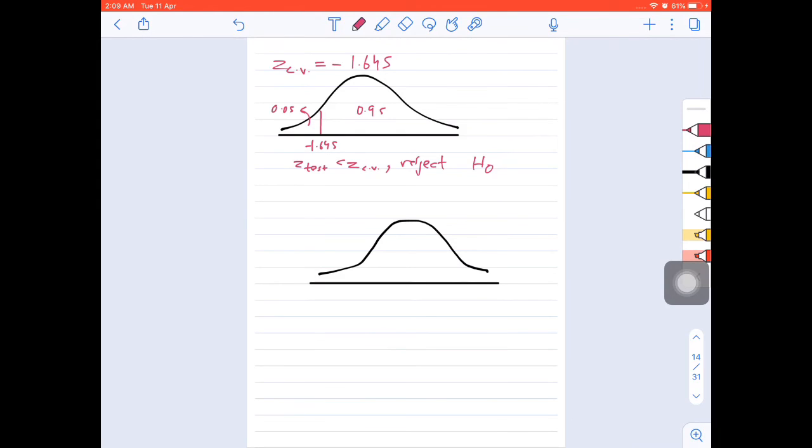The mean will be 7.2 and this region will be shaded, and you can label this as 0.05, and then this is 0.95. I hope this is clear.